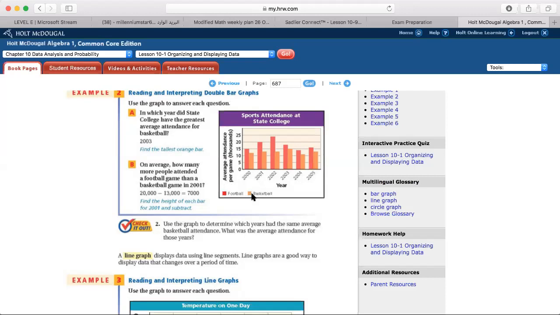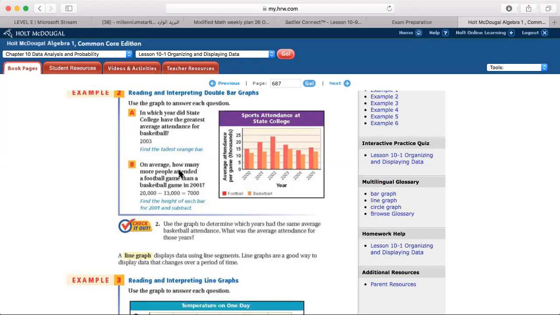Greatest for the basketball, so I'm looking for the tallest bar for the light one. Where is the tallest bar? This one, in 2003.